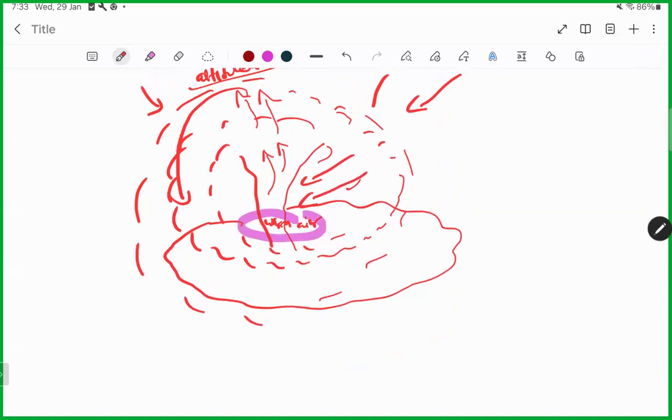Now here, the Coriolis force also comes into play.